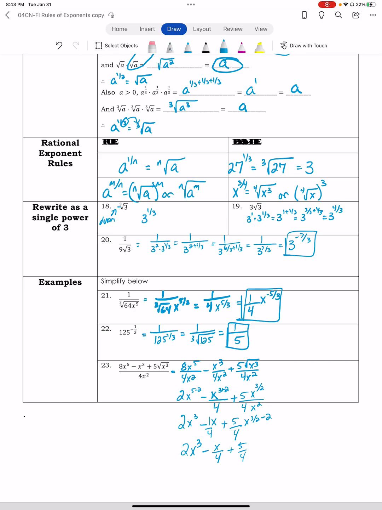Now 3 halves minus 2 is actually 3 halves minus 4 halves, there we go. So this is going to be x to the negative 1/2.